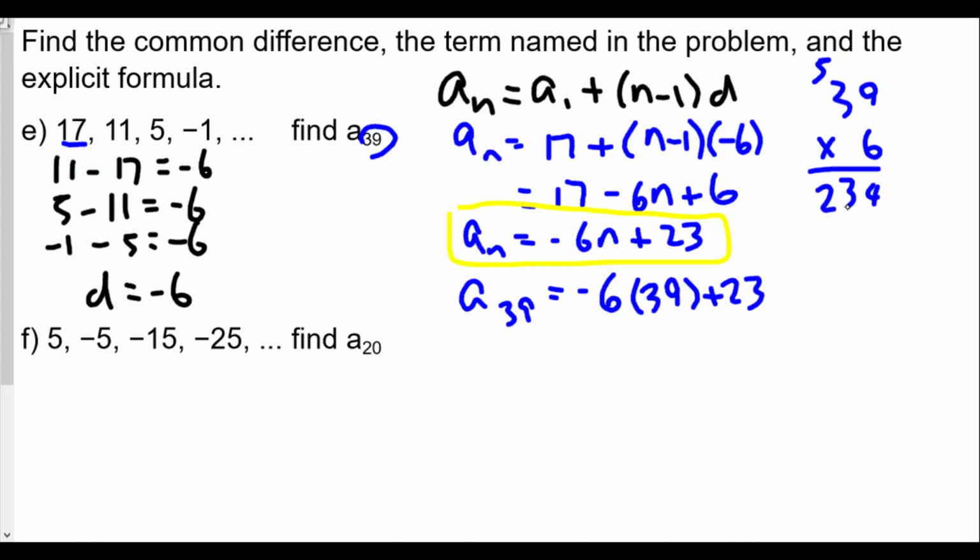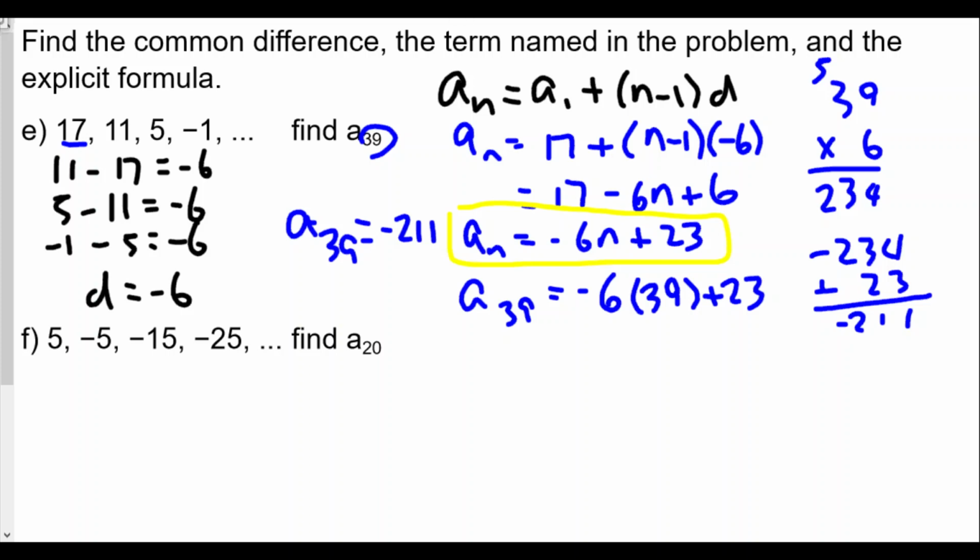So that's really negative 234 plus 23, which really is going to be a subtraction. So subtracting, we get negative 211. So the 39th term, a39, is equal to negative 211.